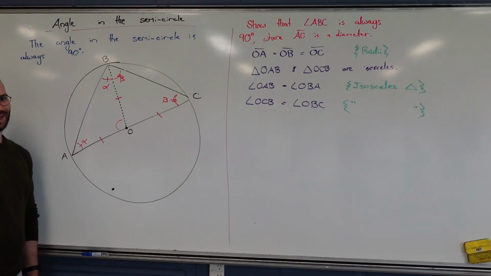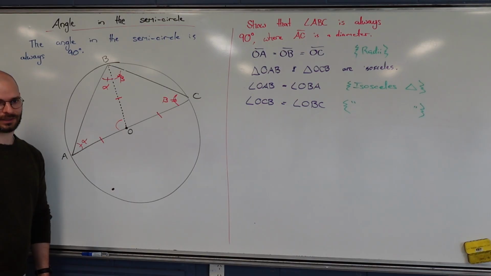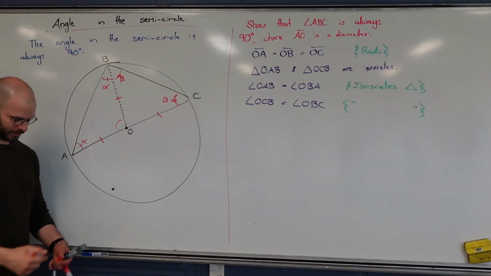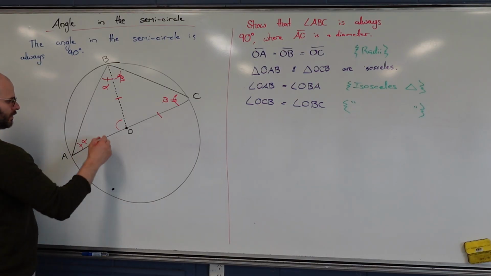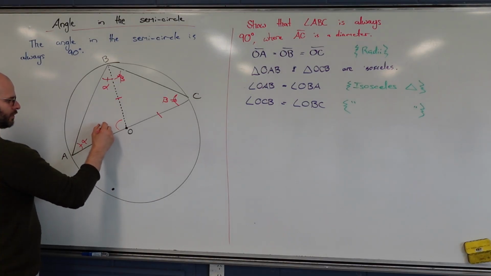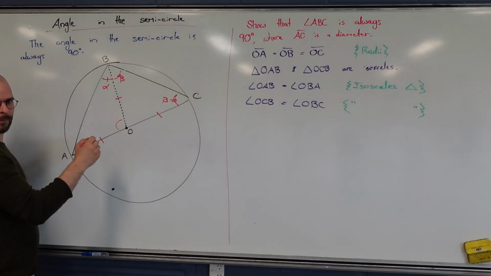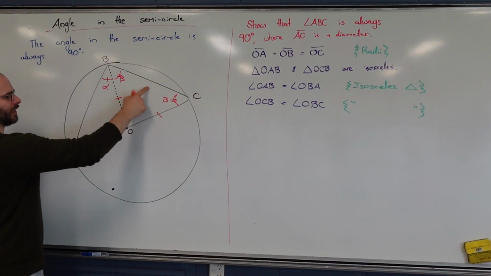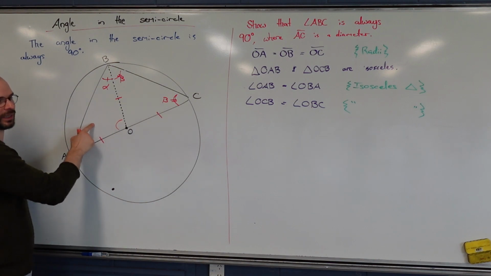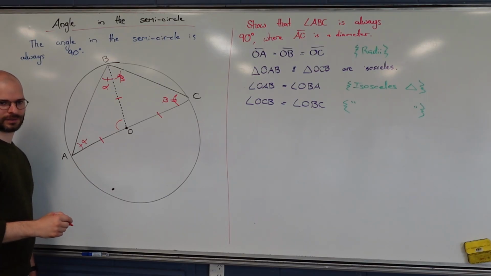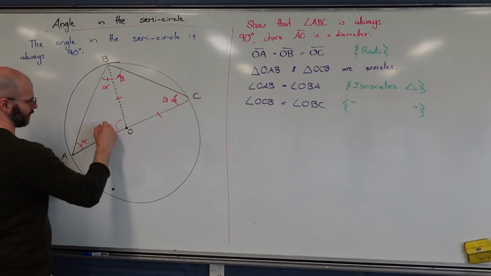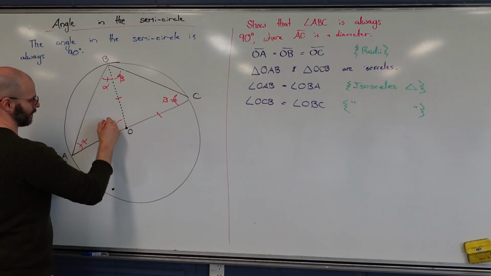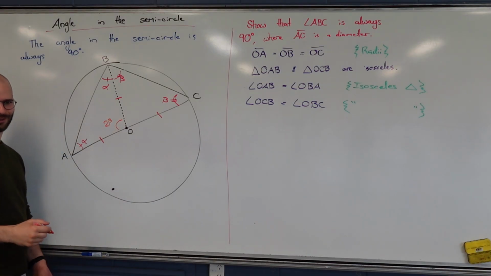Now I want you to use the external angle of the triangle reasoning. The external angle is always dependent on this triangle here to tell us what this angle here is. 2 beta.